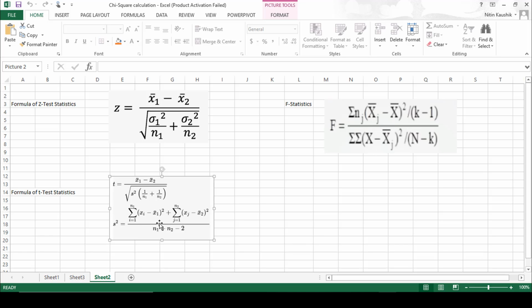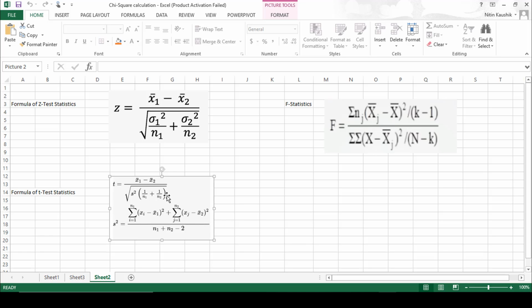You can see the summation of xi minus x bar squared, from i equals 1 to n1, plus, similarly, the summation of xj minus x bar squared.